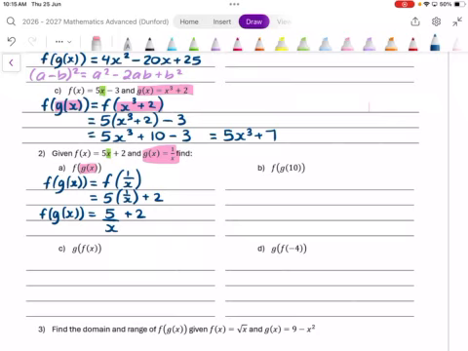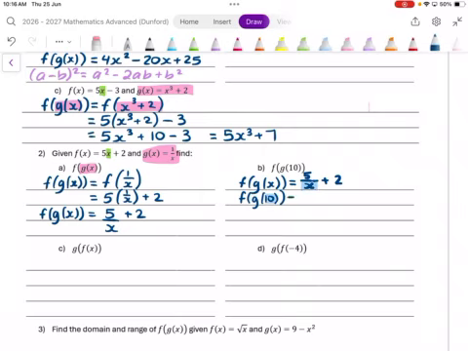Now, what we've been asked to do for part B is find f of g of 10 for these functions. We already know that f of g of x is equal to 5 over x plus 2. To find f of g of 10, we replace our x with a 10.